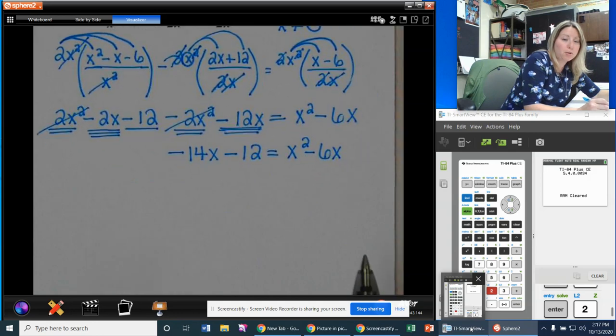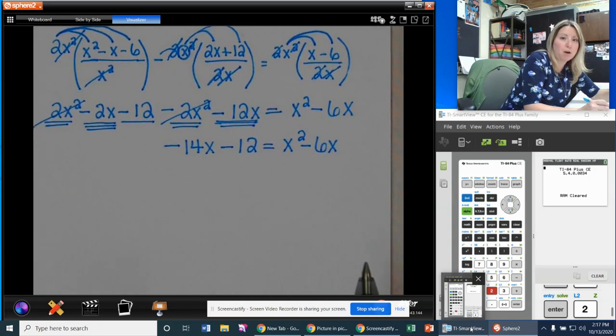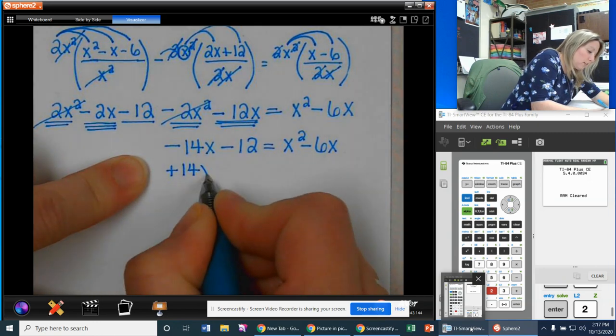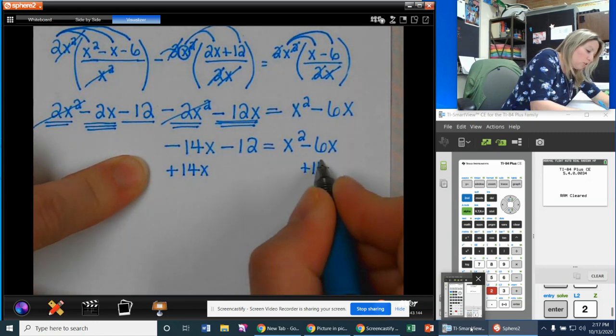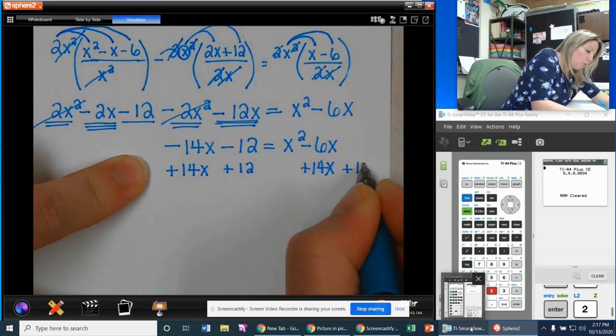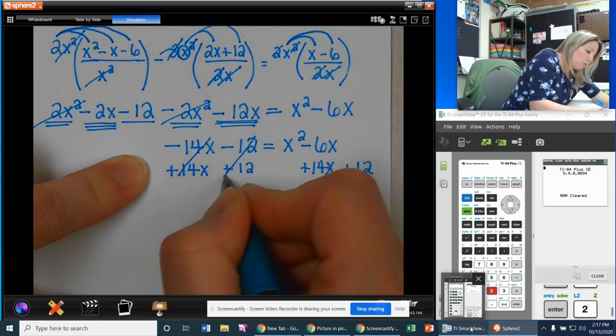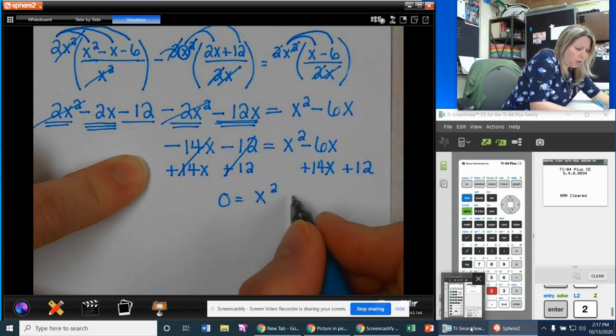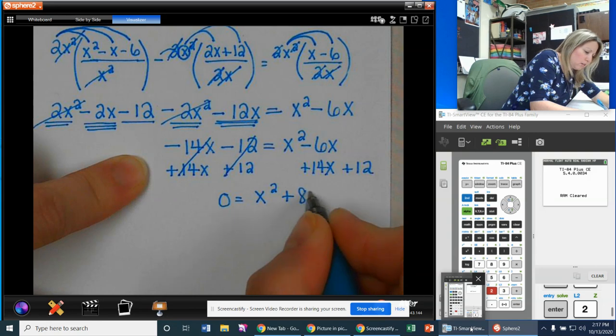So it looked more complicated than it ended up being by the time we combined like terms on the same side of the equal sign. So add this 14x, add it right here till it's like term, and then add this 12 and add it back here because there's no other numbers on that side of the equal sign. You get 0 equals x squared plus 8x plus 12.